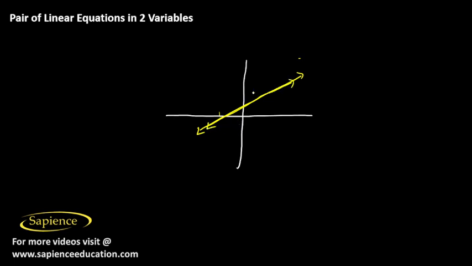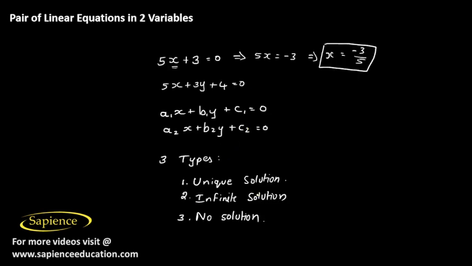Their values of coefficients may be different, but when we represent them in a Cartesian plane, both a1x plus b1y plus c1 equal to 0 as well as a2x plus b2y plus c2 equal to 0 lie on the same path. So every single point is a solution for these two equations. That is why they have infinite solutions.